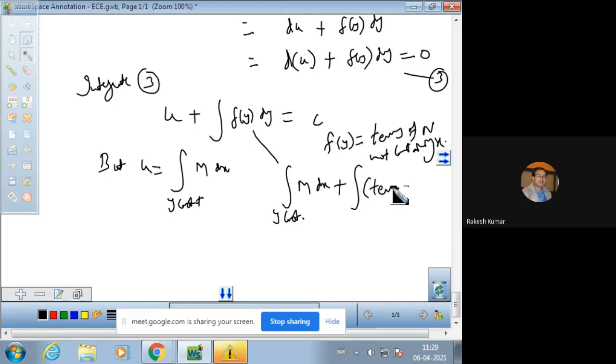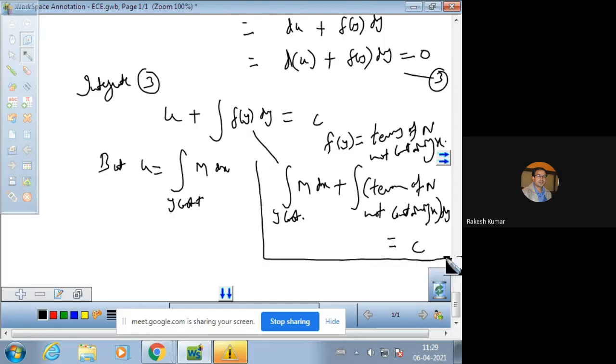So you will write here the terms of N not containing x into dy is equal to the constant of integration. So this is your required solution of the given differential equation 1.